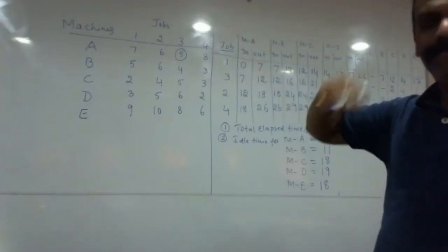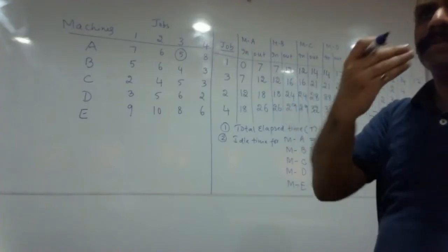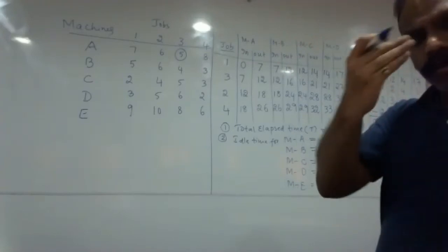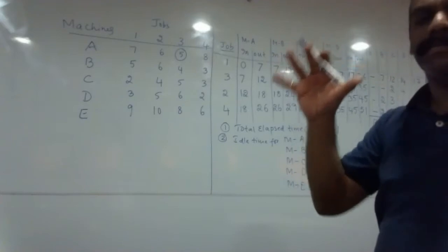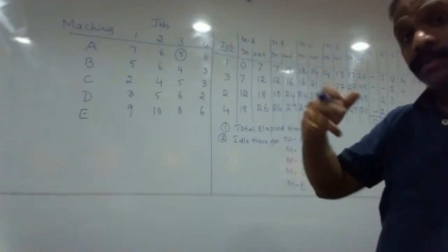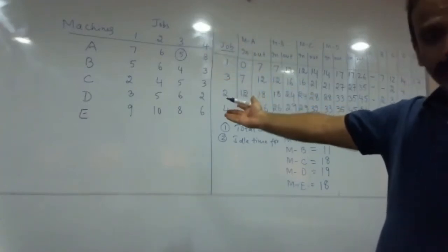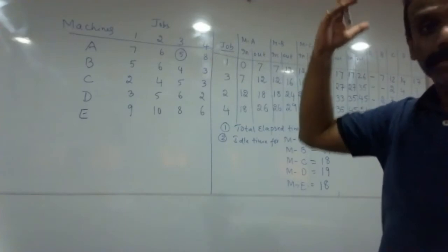Therefore, if the number of machines is minimum, if machines are 2 or 3 or maximum 3, then we always see that the idle time will exist for all the machines in that problem. But as the number of machines increases, here it is only 5 machines, we can have a question with even 7 machines, 8 machines and 10 machines also.